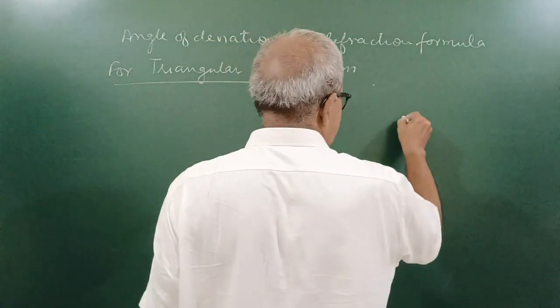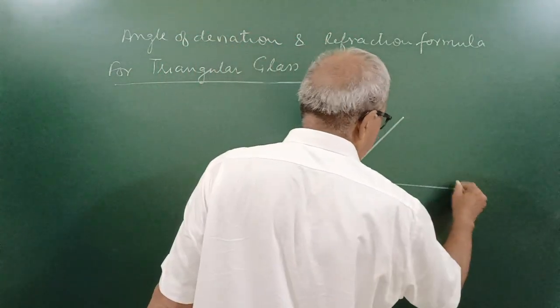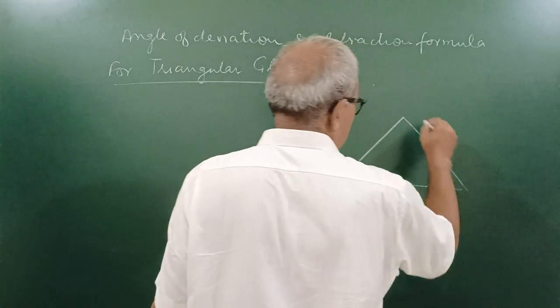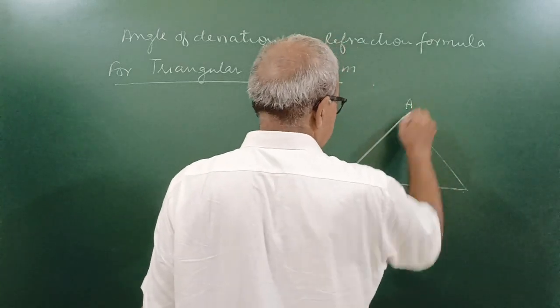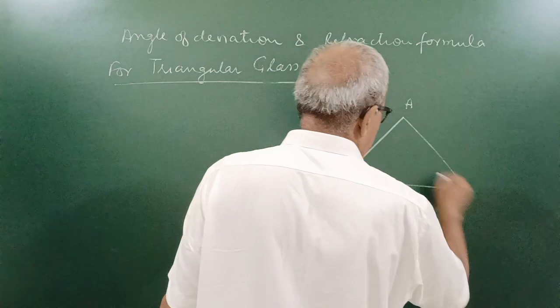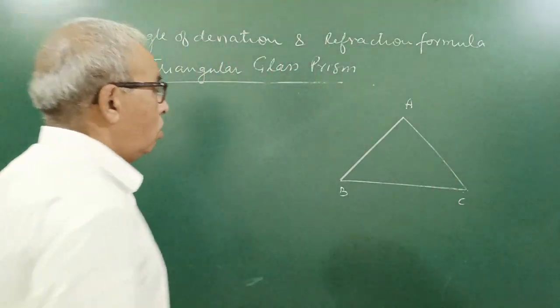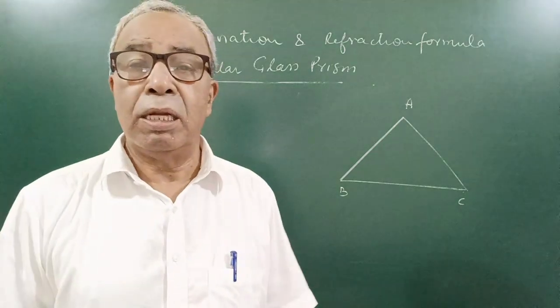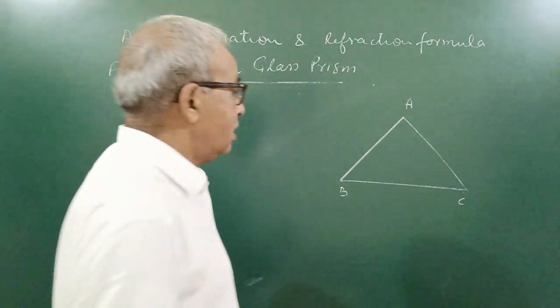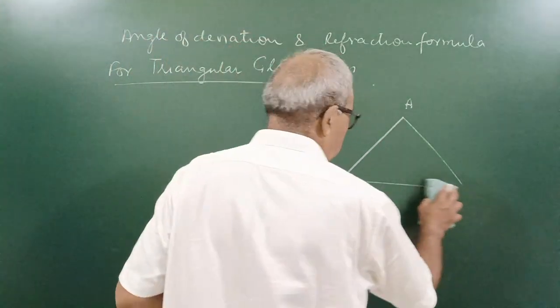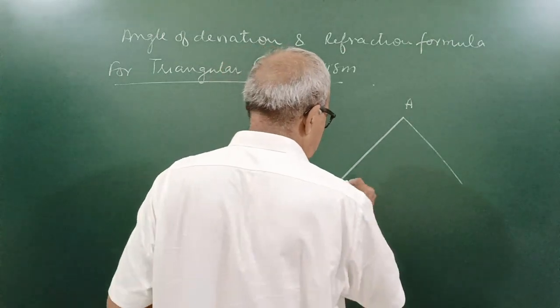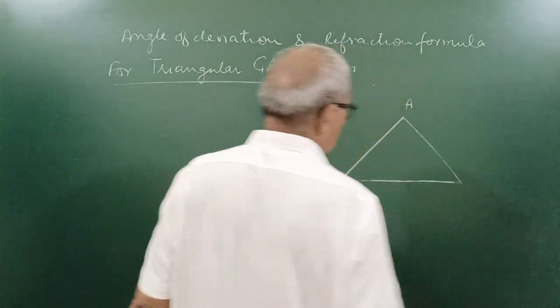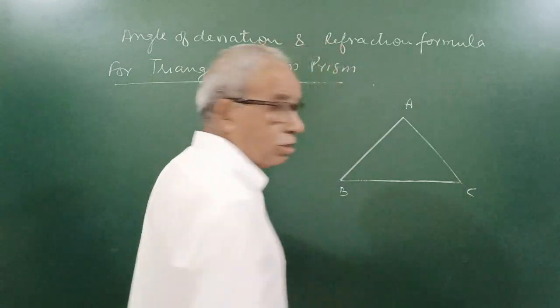Now, think it is a glass prism ABC. Now, a monochromatic ray of light, meaning light of a single color, is incident on face AB.